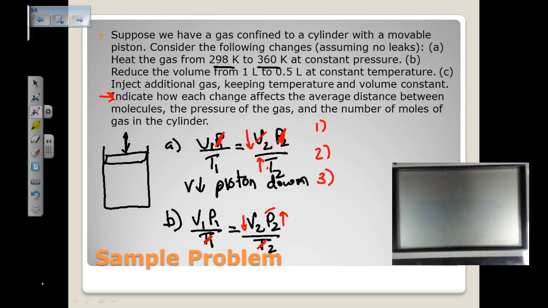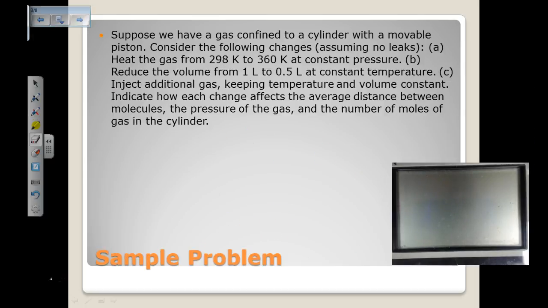Okay, so in this problem we have three different parts. We want to heat the gas, we want to reduce the volume, and here we're going to inject additional gas. But we also want to finish reading the question.